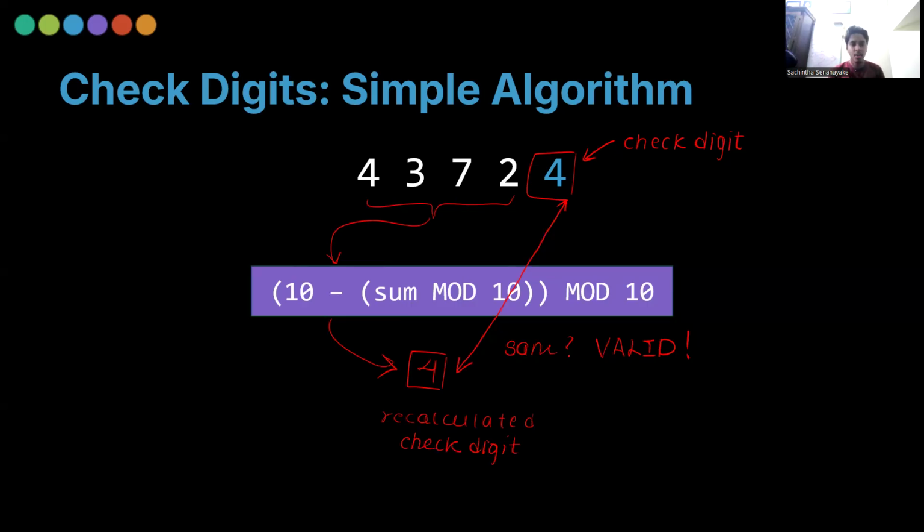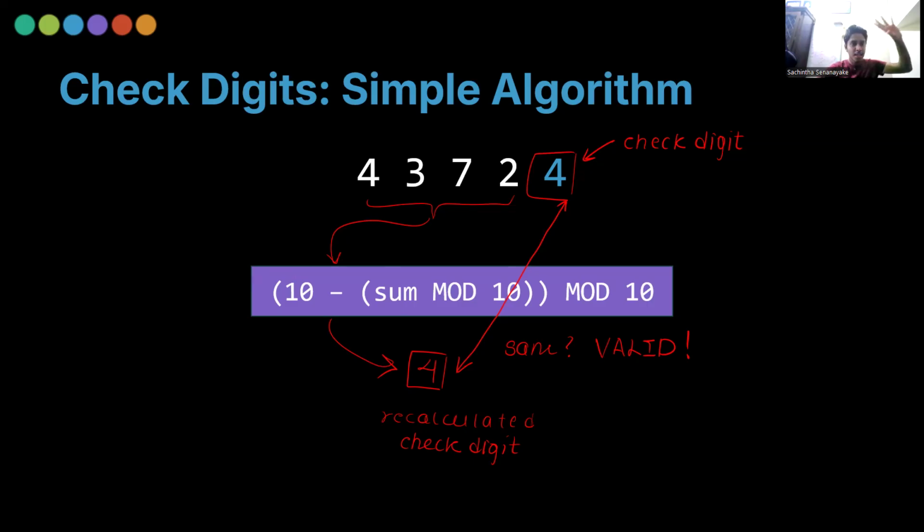On the checker's side or the receiver's side, what they have to do is they could simply take the original data, recalculate the check digit, compare it with the original check digit that was sent or saved with the original data. And if they are the same, good job. Nothing is wrong. Okay, so that's the check digit, guys.